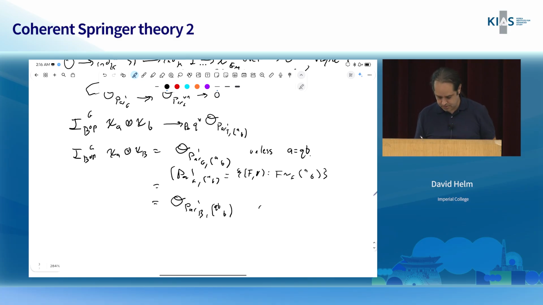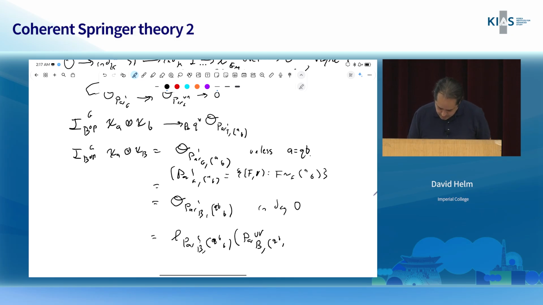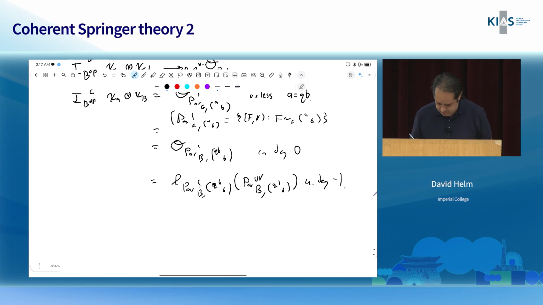So remember that this includes in degree 0, and it's the ideal sheaf inside Par_1 B, QBB, of Par_B unramified QBB in cohomological degree -1.